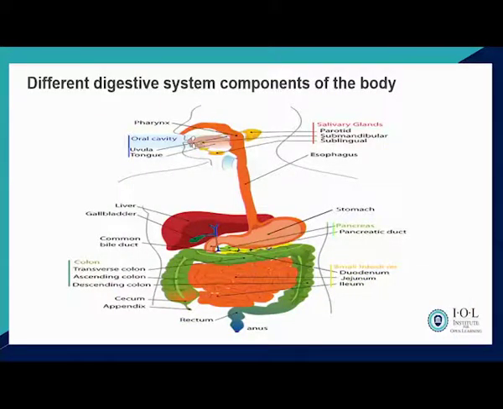The other topic that I brought here is to look at the different digestive system components of the body, which are indicated here, starting from the pharynx, which is regarded as part of the digestive system or alimentary canal.